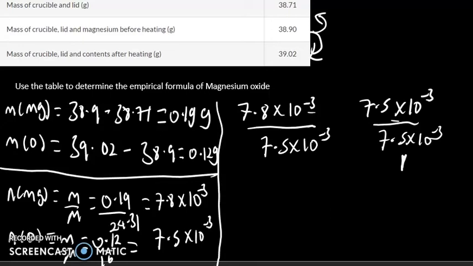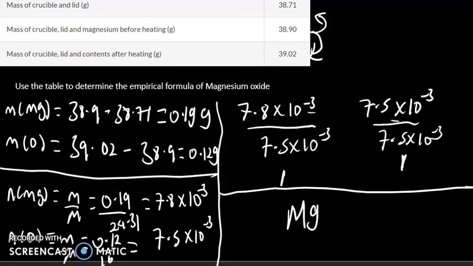This will give you 1, and also 1, because there's no big difference between 7.8 times 10 to the power minus 3 and 7.5 times 10 to the power minus 3, so you have to round, so that will give you 1 as well. So our empirical formula would be magnesium oxide, with both of them having 1 subscript.